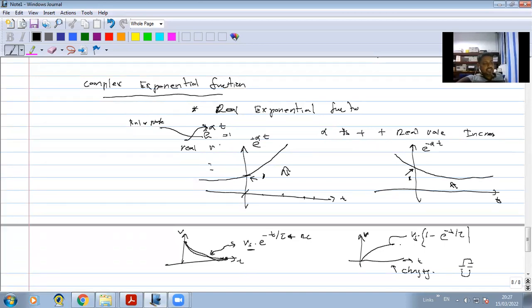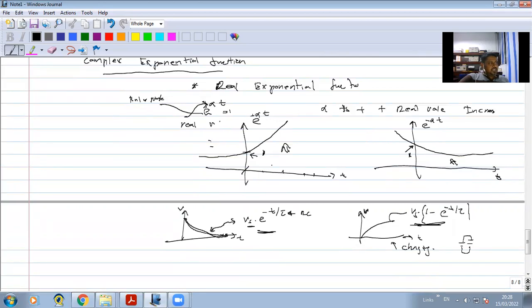Please check whether these equations are correct, I'm not sure. Anyway, you have to keep remembering this shape.